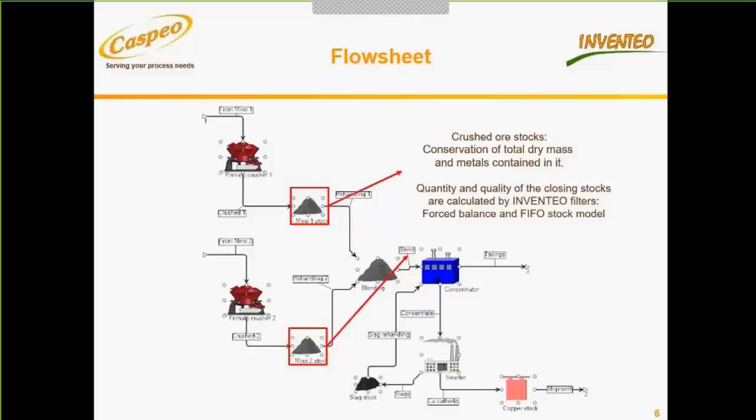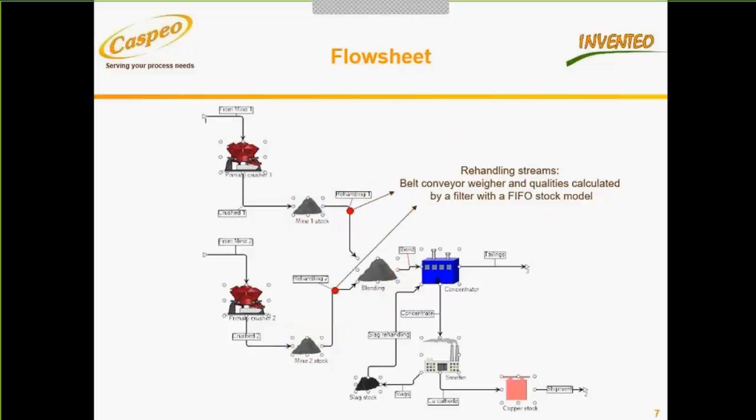In this case, we are using a FIFO, first in, first out stock model, but we also have a perfect mixer model and a LIFO model, last in, first out. Then more or less the rest of the flow sheet goes in the same way.